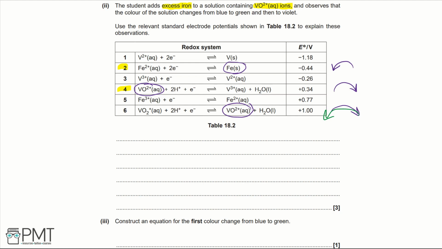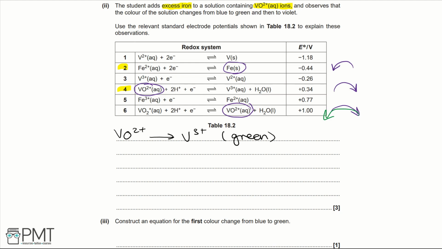If we were to use redox system 6, this would shift forwards and we would end with VO2+, and we would start with VO2+, but the 2 would not be a part of the charge. It's like an O2. So we're going to go from VO2+ to V3+. The colour change for this reaction will be creating a green solution.